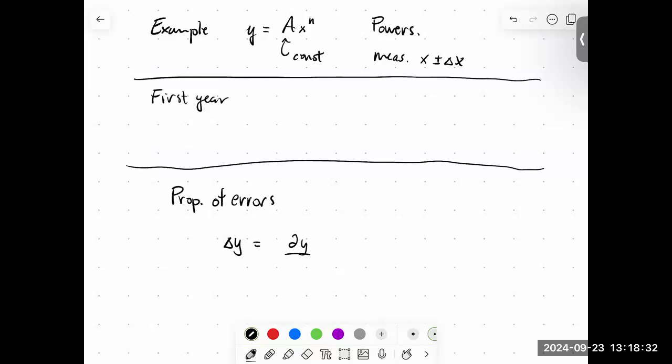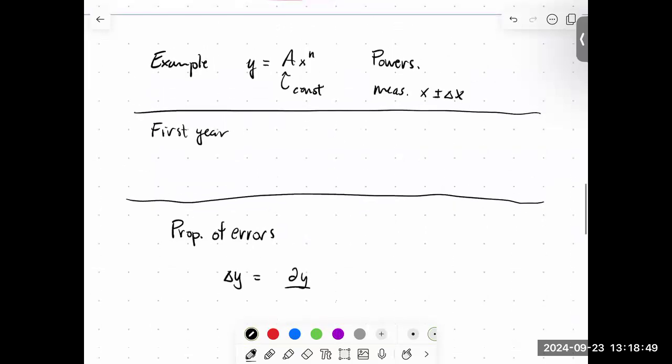So if you drop an object and it falls, its displacement is y equals minus 1/2 g t squared. And so maybe we're going to measure t. This is 1/2 g, and then n is 2. So we're going to assume that a and n are constant with no uncertainty.